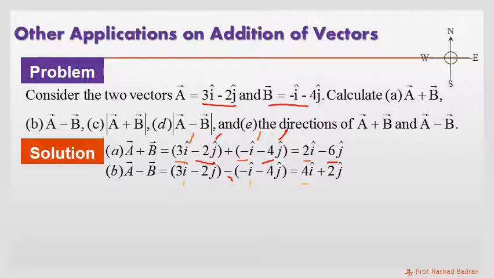And for the j hat, also we're going to add the y components here, minus 2 plus 4, that is 2j hat. And here the vector is 4i hat plus 2j hat.